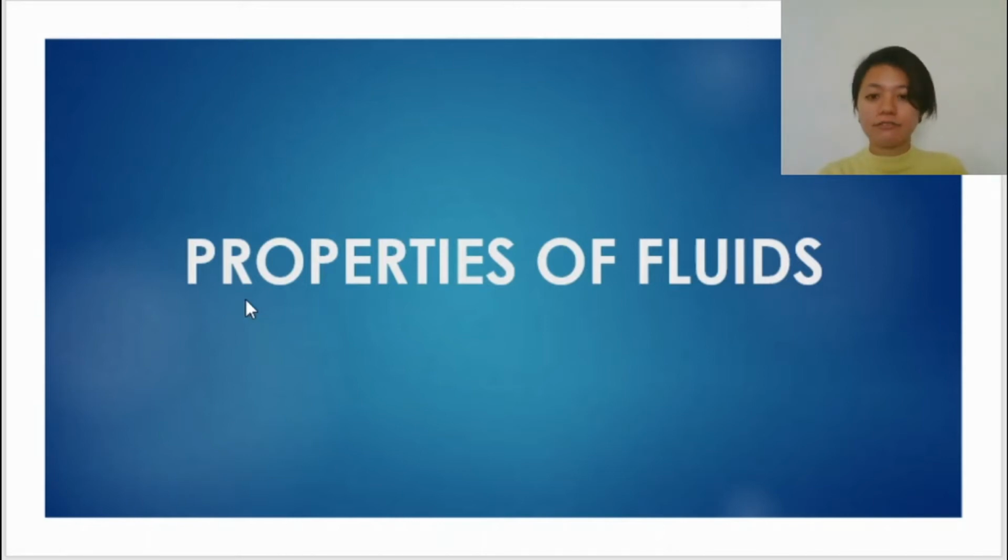Then lastly, we have unit weight or specific weight. Another term for unit weight or specific weight is weight density. So all three have the same meaning. The formula for our unit weight is gamma equals weight over volume.